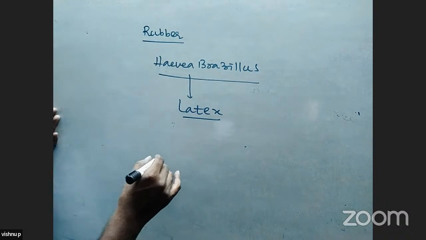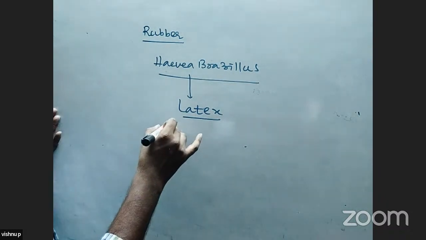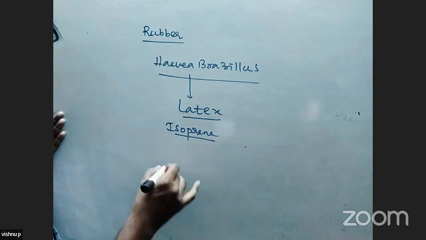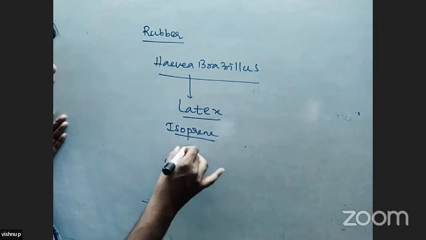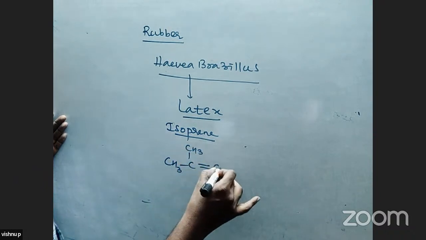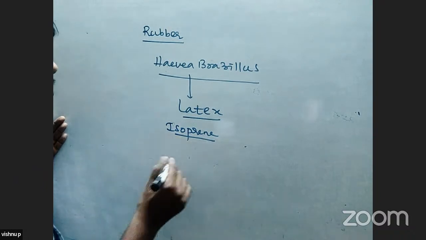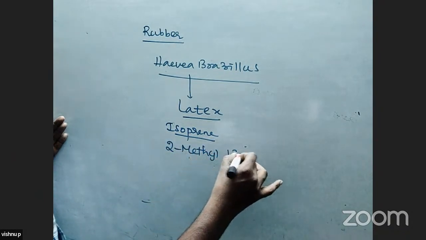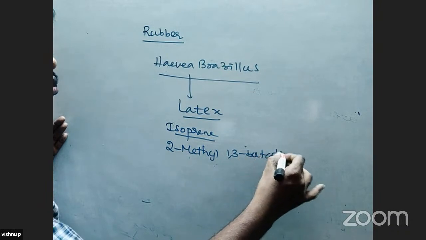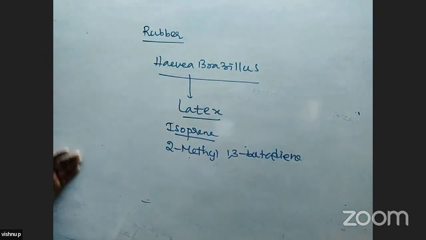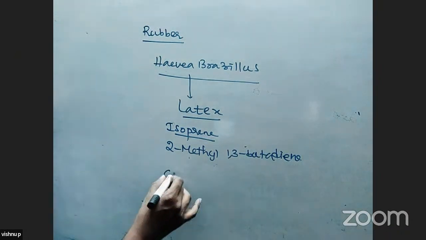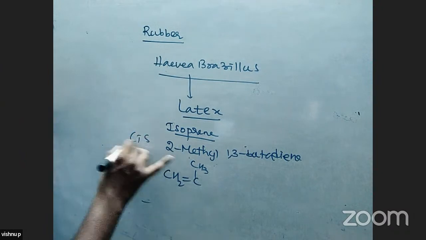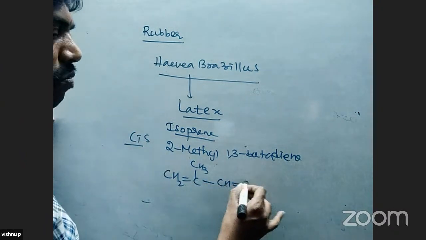This latex contains isoprene units. What is this isoprene? It is 2-methyl-1,3-butadiene, called the isoprene unit: CH2=C(CH3)-CH=CH2, generally the cis compound.